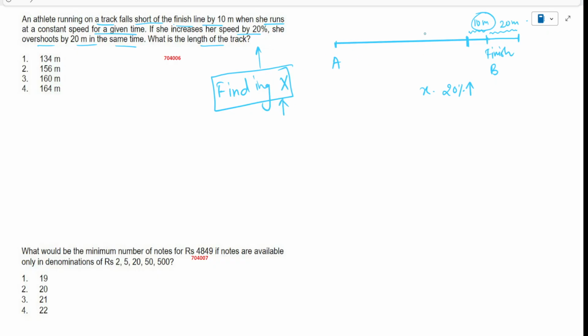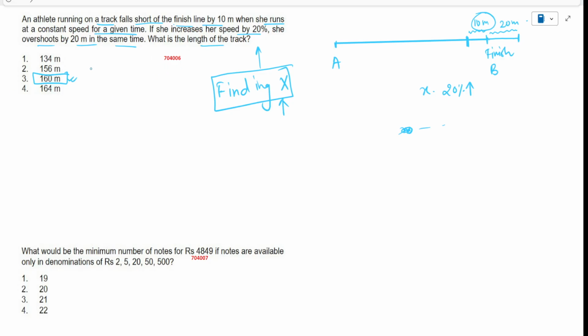If you take the length of the track as X, then by calculating mathematically you can answer. But we go through a guess and then justify the answer. I say this will be the answer, and then I say the reason. See how I actually pick this answer.